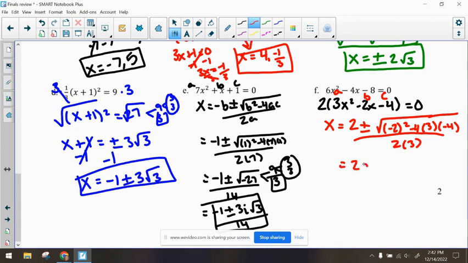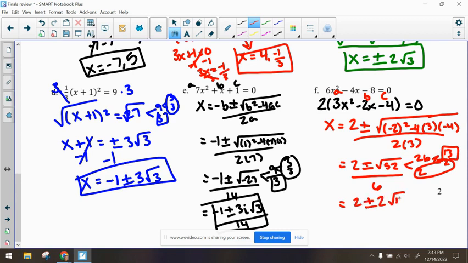So 2 plus or minus root 52 over 6. 52 we can break down into 26 and 2, 26 into 13 and 2. So I have a pair of 2's that can come out with a 13 that stays behind. So 2 plus or minus 2 root 13 over 6.